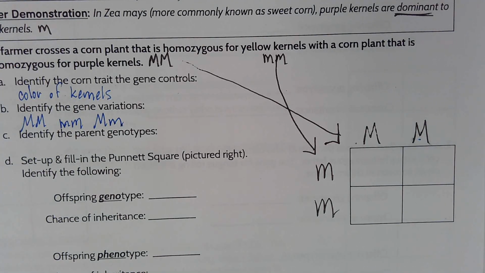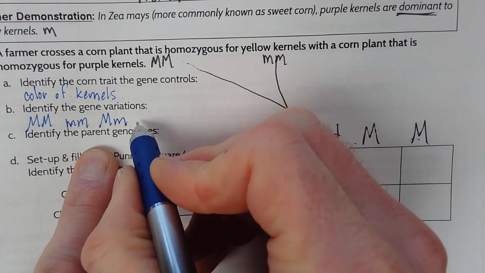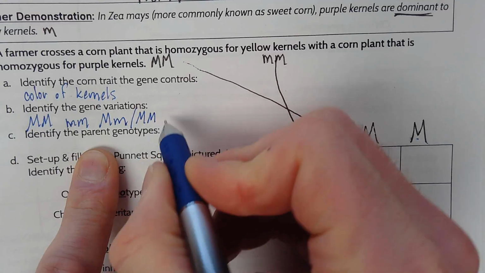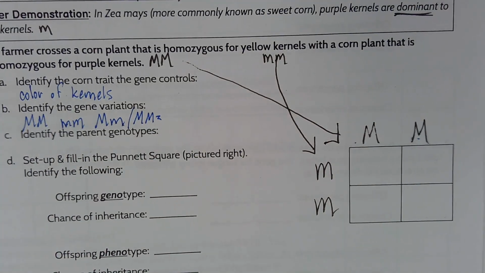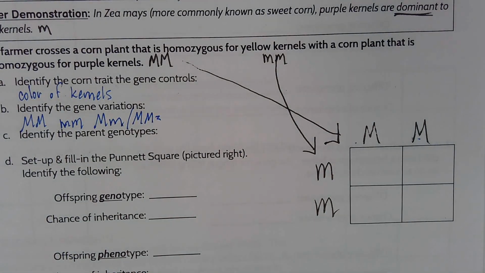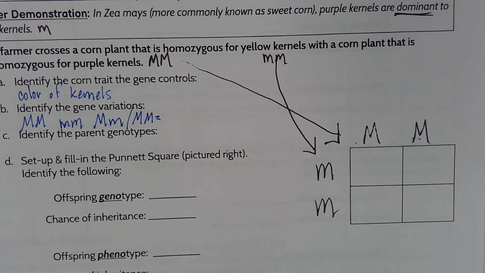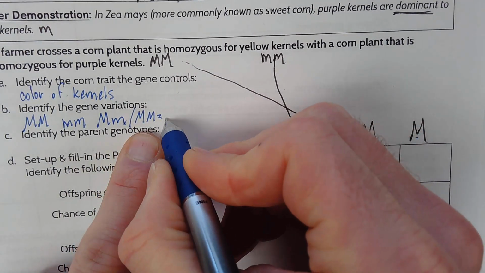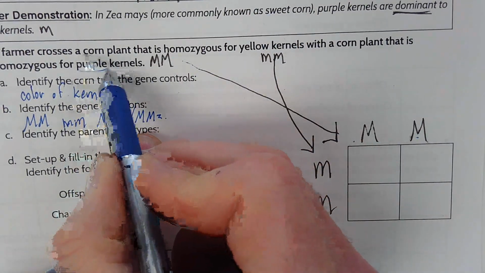If I have capital M, what's going to be the phenotype? Purple. Remember, what does phenotype mean? It's just a physical trait. What does it look like? This is the gene. Capital M is going to be purple.